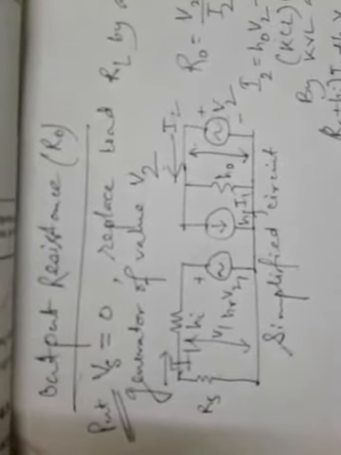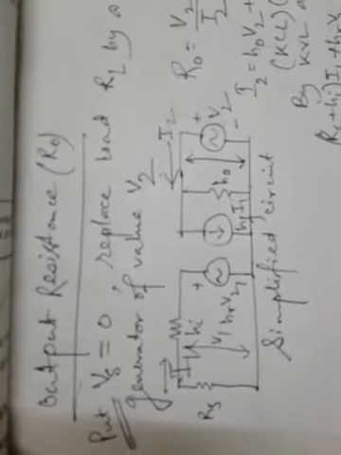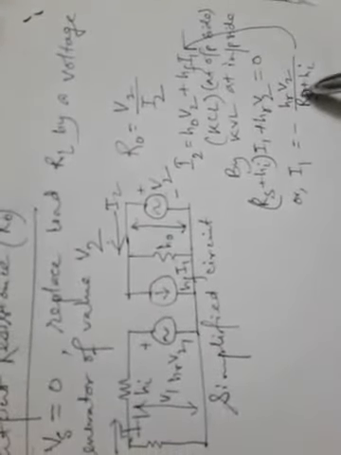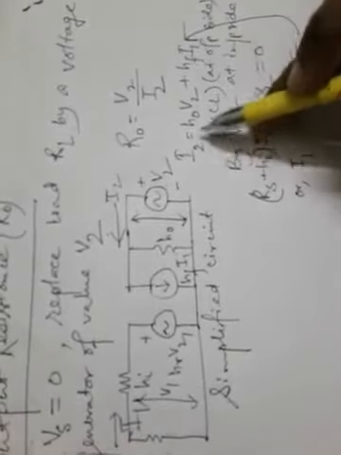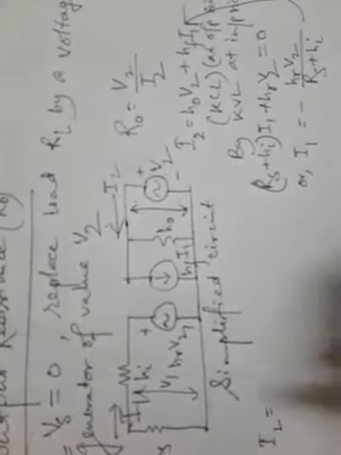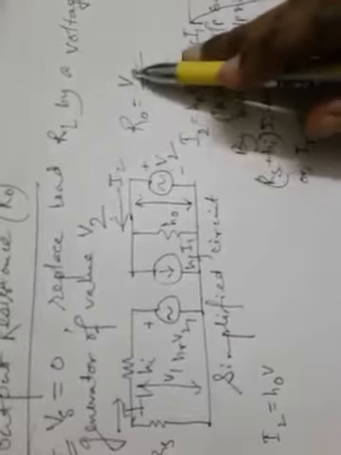So from here we can calculate I1, which is minus HRV2 divided by RS plus HI. Now we put this value of I1 into the last equation, the expression of I2. Because in the expression we need only V2 and I2, we have to remove I1.